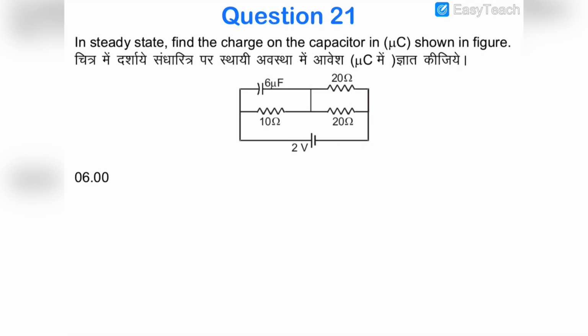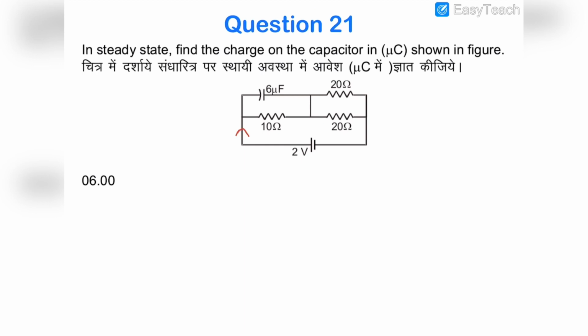In this question, we have to find the charge on this capacitor in steady state. Now we can see easily that in steady state the current flowing through this circuit would be I, and it would be divided into two parts, I by 2, and then I again.